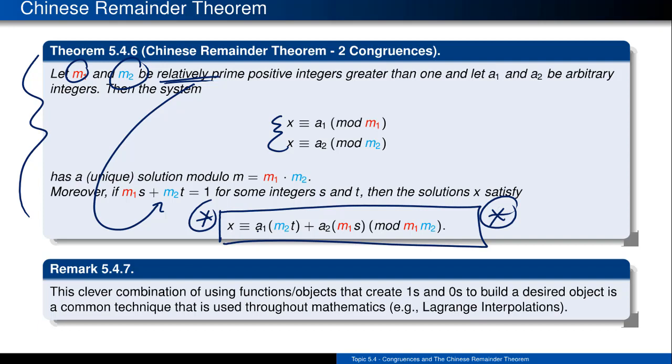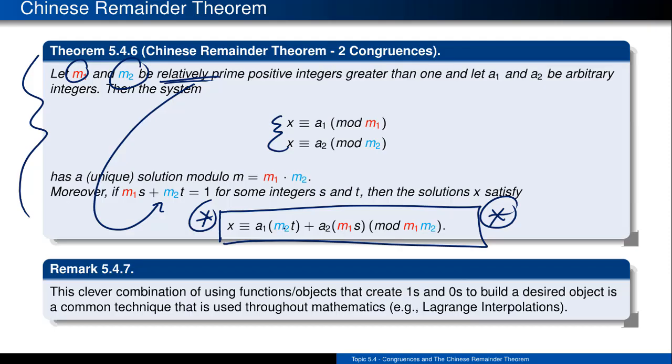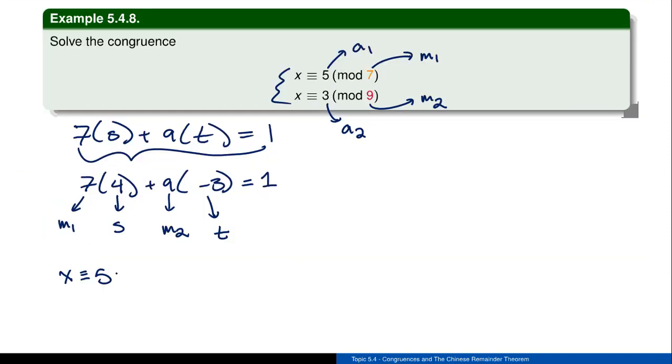So in this case, I'm going to have a1 m2 times t. I need to pull off those 3 things and merge them all together. So let's see if we can do that. What do we got in this case? I'm going to have an a1, which is a 5, and then an m2, which in this case is my 9. And then I'm going to have my t, which is a negative 3.